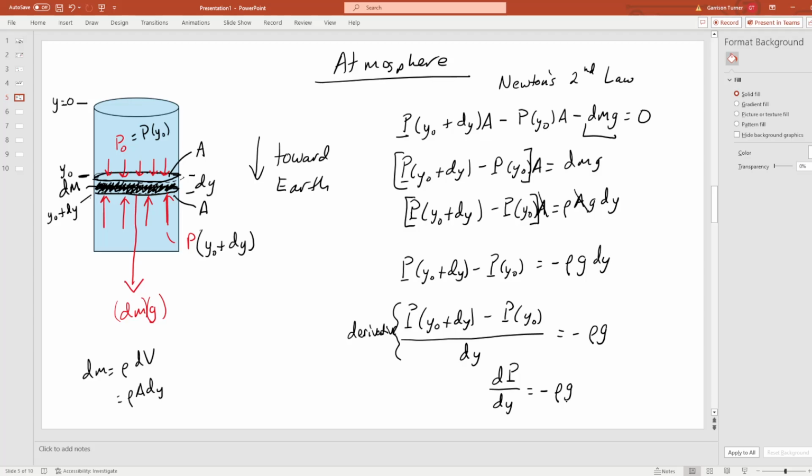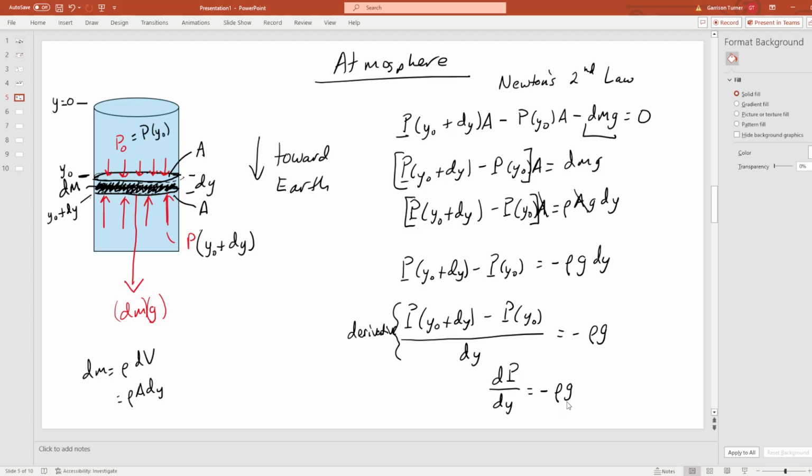So dP/dy is going to get smaller as you go away from the surface, I should say. It will get much larger going toward the surface, but in both cases, it's going to be directed opposite your weight effectively. Okay? So this is what this equation is telling you.